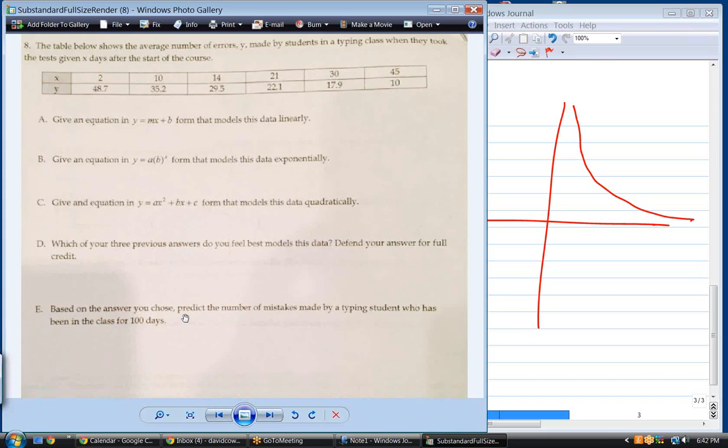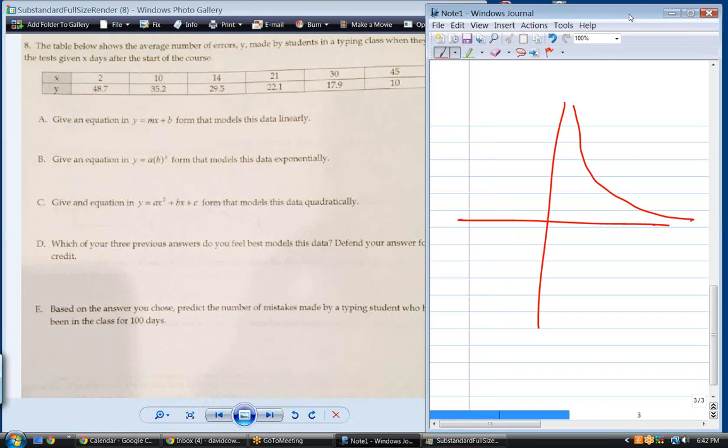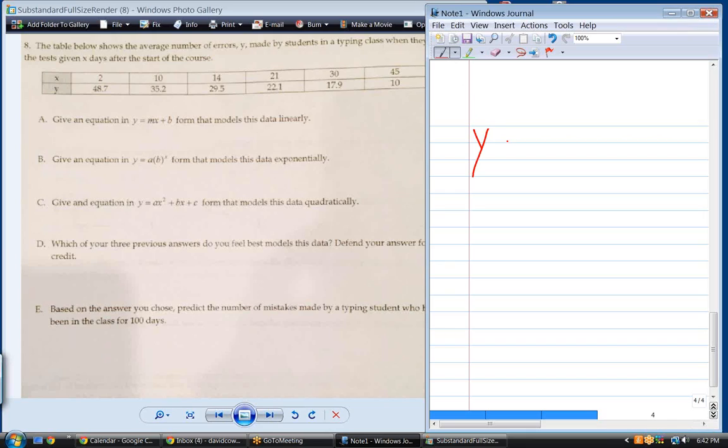Okay, based on the answer you choose, predict the number of mistakes made by a typical student who has been in class for 100 days. So would you just plug that in? What's the equation that you came up with?